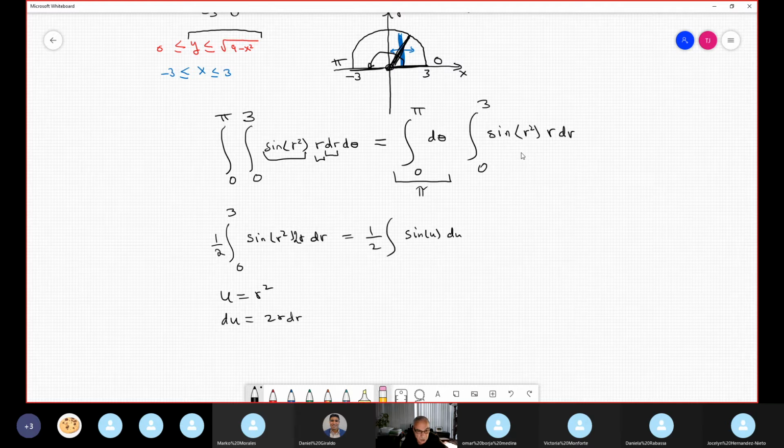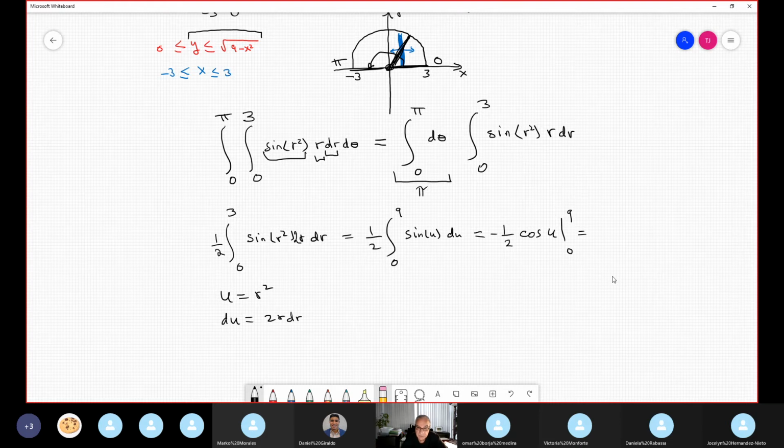And u varies from 0, because r goes 0, and u is 0 to 9. The antiderivative of sine is minus cosine. So negative 1/2 cosine u, evaluated between 0 and 9.